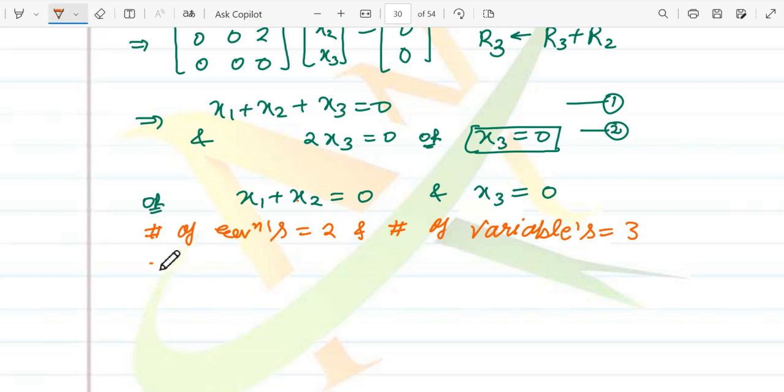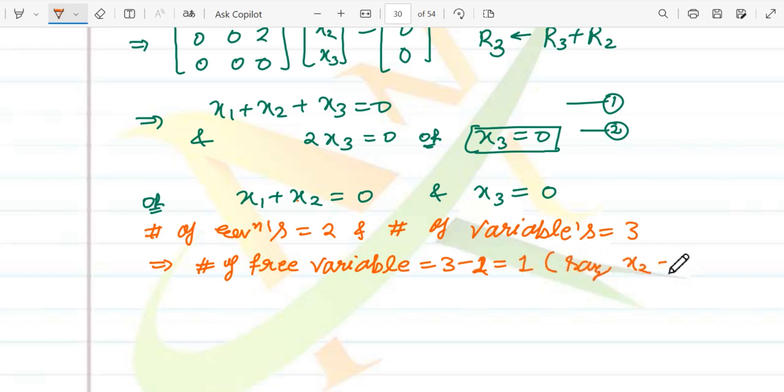This implies the number of free variables is equal to 3 minus 2, which is 1.